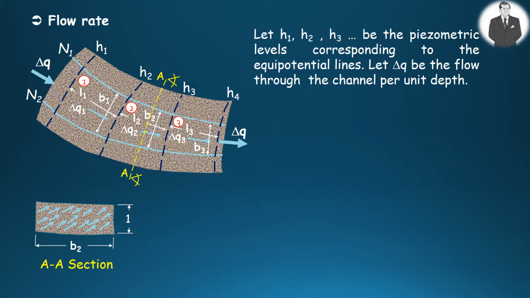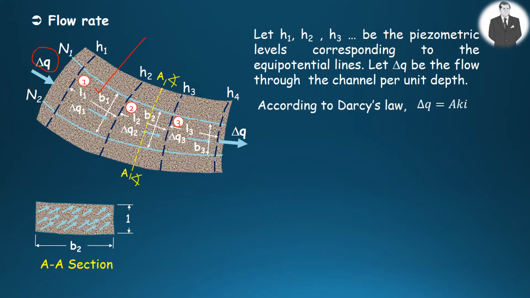In order to calculate the flow rate, let us consider a flow channel as given in the figure, and let H1, H2, H3 be the piezometric levels corresponding to the equipotential lines. And let delta Q be the flow through the channel per unit depth.